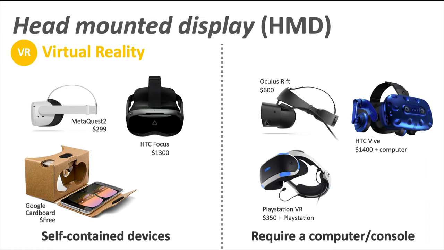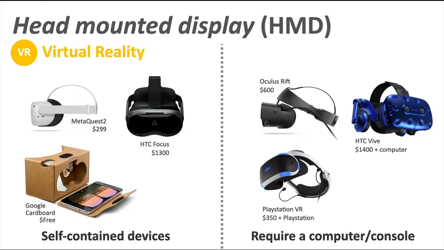Now, when you look at the prices of all these, you can see pretty wide variation, starting with free, like Google Cardboard. The smaller head-mounted display, the self-contained devices, those can run anywhere from $300 up to $1,300, depending on the platform you're looking at. Now, for the devices that require a computer console, again, a lot of variability there.